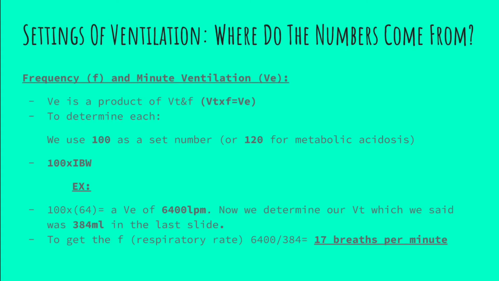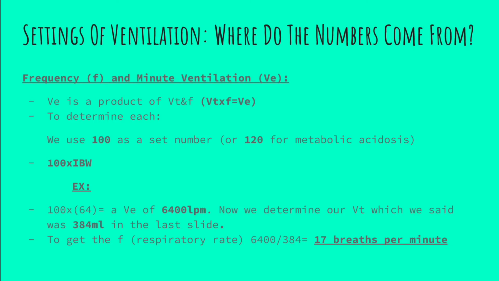To determine what the patient's minute volume needs to be for a very individualized approach to each patient, I'm going to take 100 and multiply that by their ideal body weight. And this is just for your run-of-the-mill patient. Maybe this is a head injury patient that's intubated for airway protection.